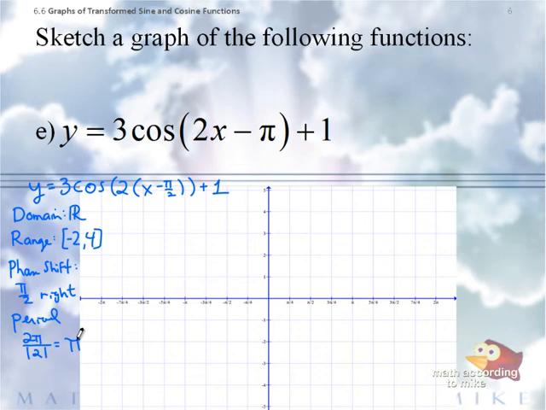So let's go in order. What do we start with? Well, yeah, the graph of cosine. But while I'm graphing this, what letter do we start with? B is 2.